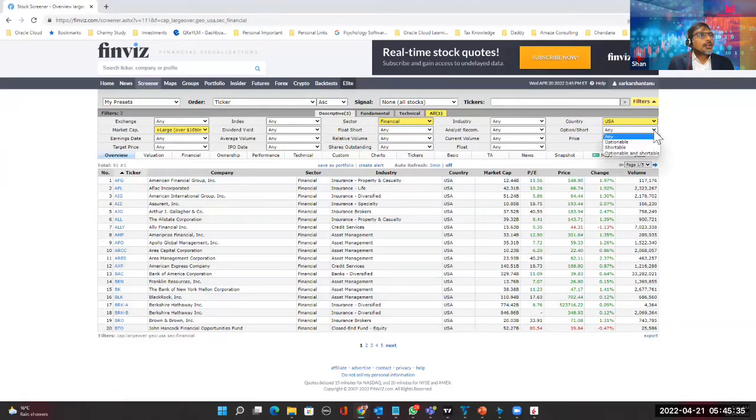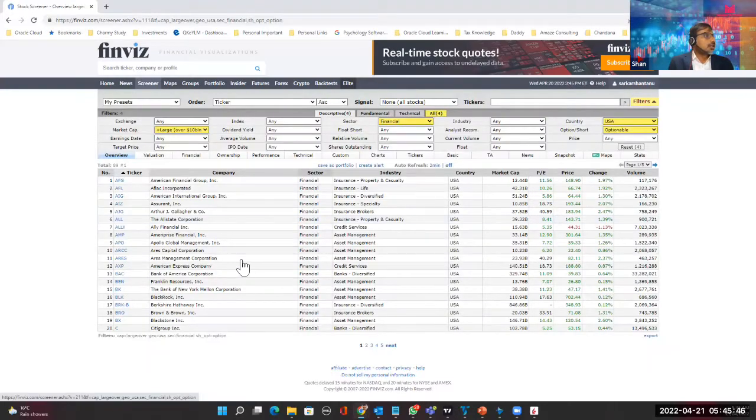So let's say I'll click on optionable, and let's say just select optionable. So that will give me 89 stocks. That's a good number.